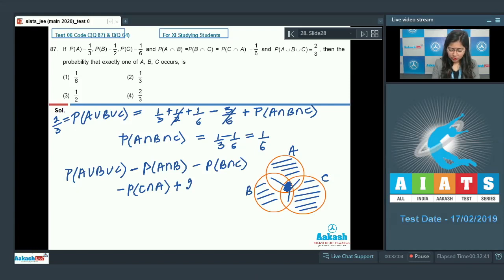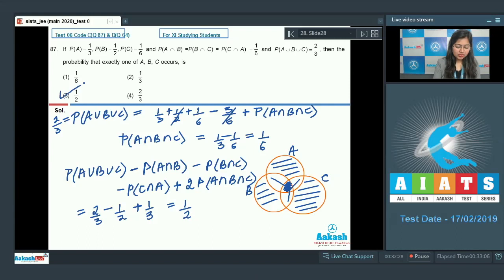So we will add it 2 times, that is plus 2 times probability of A intersection B intersection C. So this will be equal to 2 by 3 minus 3 by 6, that is 1 by 2, plus 2 times 1 by 6, that is 1 by 3. So this is equal to 1 minus 1 by 2, that is 1 by 2. So the correct answer is option number 3.